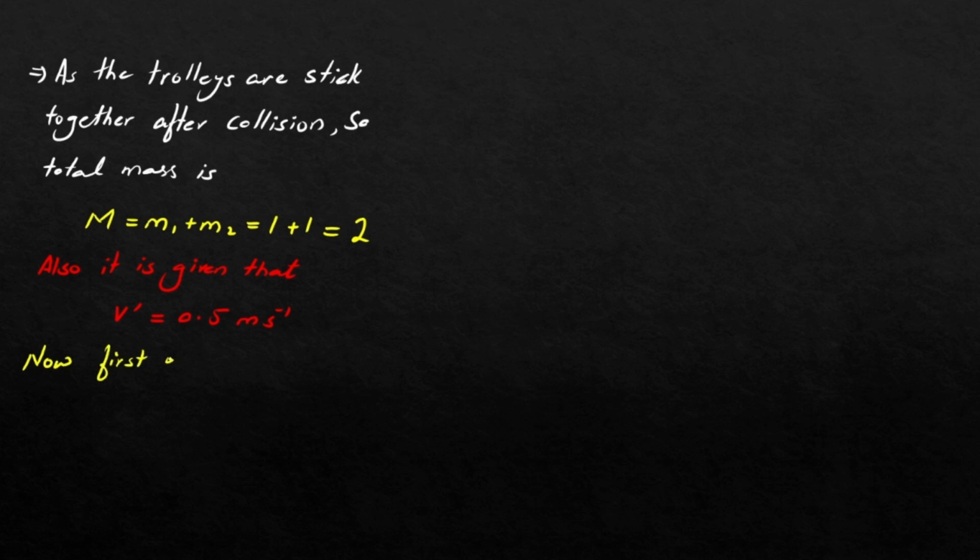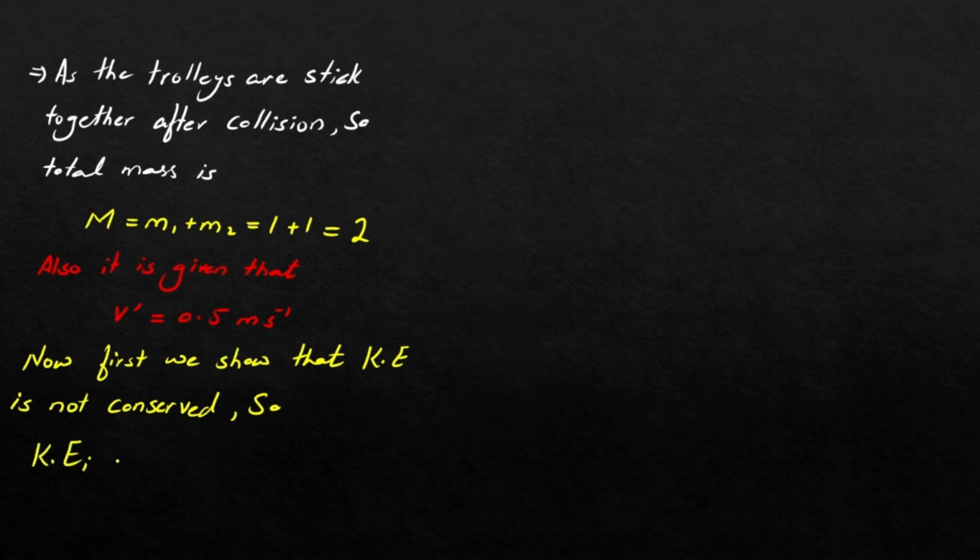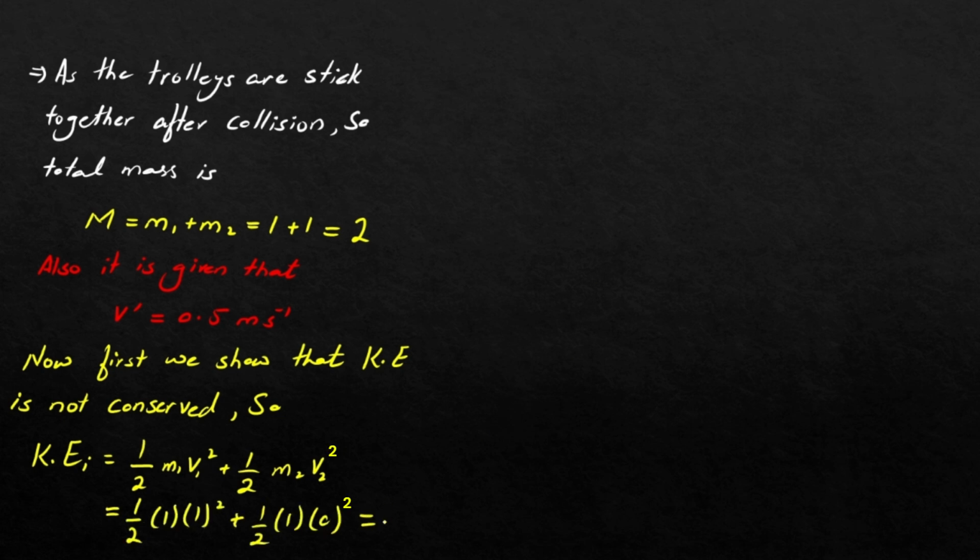Now, first we show that the kinetic energy is not conserved in this case. So, initial kinetic energy equals 1 by 2 m1 v1 square plus 1 by 2 m2 v2 square. By putting the values in this formula, we get 0.5 joule. So 0.5 joule is the initial kinetic energy, and the final kinetic energy equals 1 by 2 capital M V prime square.